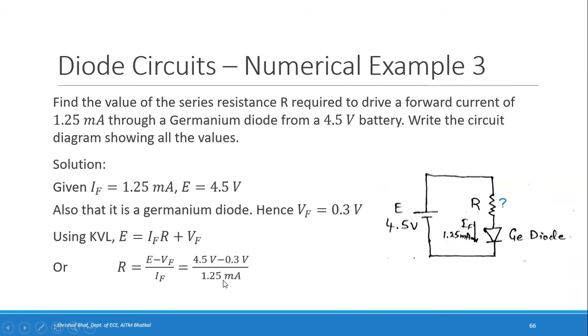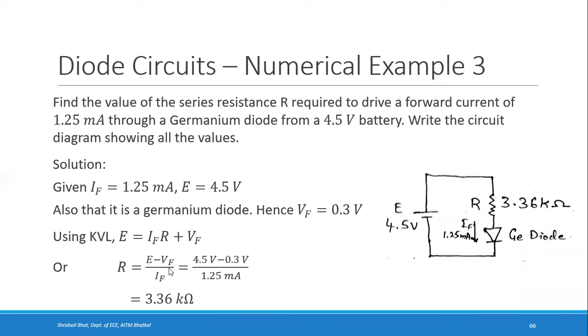So if I calculate, what do you get? Most of you have solved this. What is the value of R? 3.36 kilo ohms. Yes, correct. If you find that in your calculator, you might get 3,360 ohms. If I write it in kilo ohms, it will be 3.36 kilo ohms.